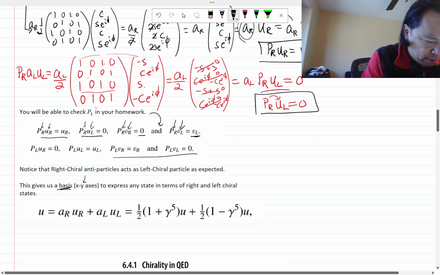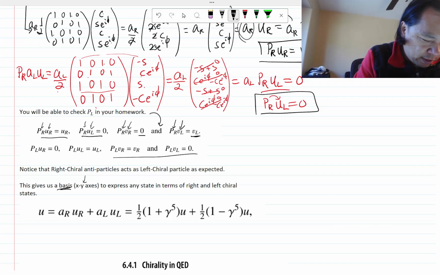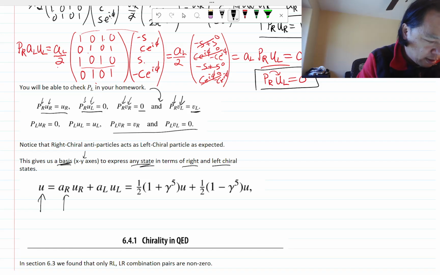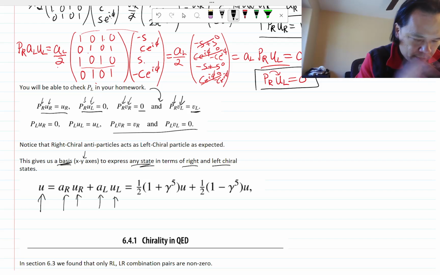Whenever you think about a basis, just think about it as x, y unit vectors, right? That allows us to express any state in terms of both right and left chiral eigenstates. So this is some arbitrary state, and this arbitrary state can have some right chiral component along the right chiral axis, and then the left chiral component along the left chiral axis eigenstate.